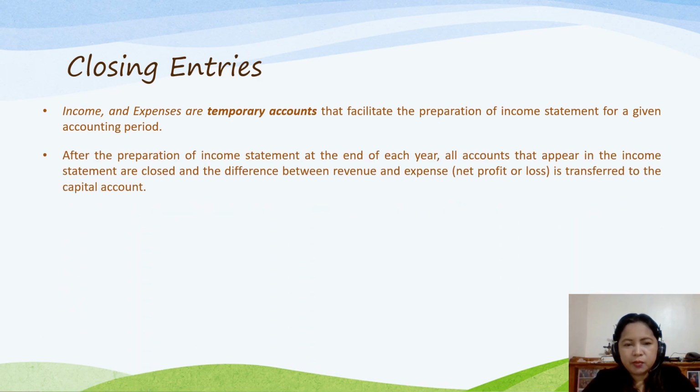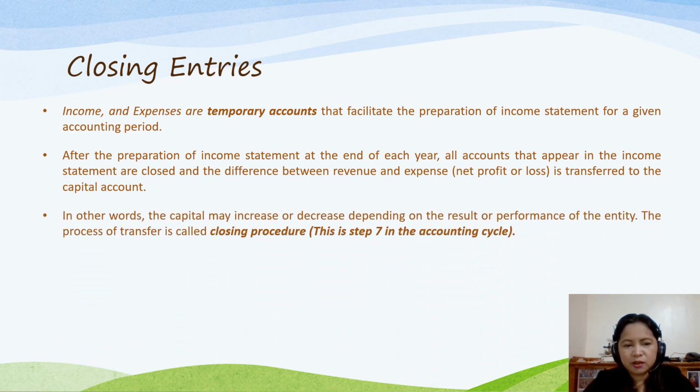So when you are done preparing the income statement at the end of each year, all accounts that appear in the income statement are closed, and the difference between revenue and expense, which represent the net profit or the net loss, is transferred to the capital account. So in other words, the capital may increase or decrease depending on the result of the performance of the entity. So this process is actually the closing procedure, which is the step 7 in the accounting cycle.